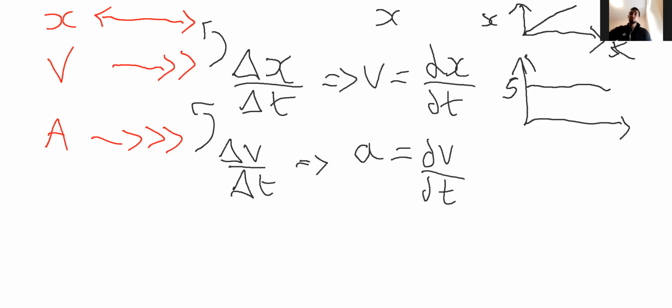And that is simply the gradient, because we know dx over dt is change in y over change in x. If I just make that a bit neater. Change in y over change in x, which is clearly the gradient of this line. You can see the gradient of this line is constant.